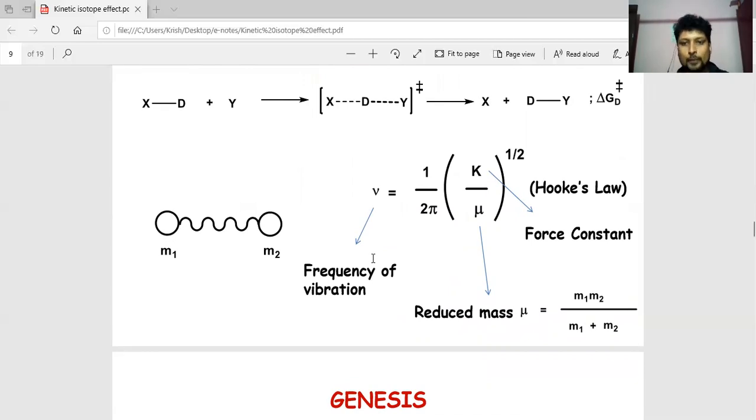That is called Hooke's law, where nu is frequency of vibration, k is called force constant, that is the strength of the individual bonds, and mu is the reduced mass. You have already read in inorganic chemistry how to express reduced mass, that is mu equals the product of the two masses divided by the sum of the two masses of the atoms involved.